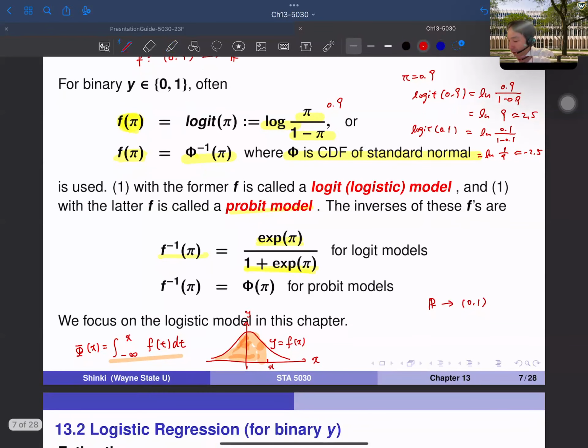So for example, if pi is equal to 0.5, then f inverse of pi is exponential of 0.5 over 1 plus exponential of 0.5.